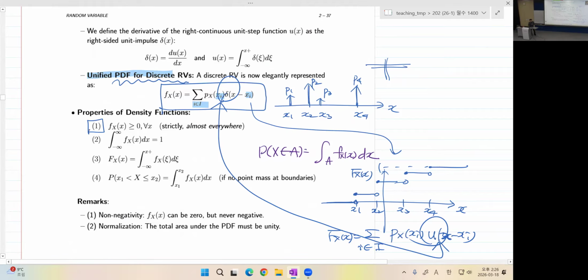As you just sensed using the limit of the histogram idea, the PDF is always non-negative, right? A histogram can never become negative, right? So the PDF is also non-negative for all x. And if you integrate it, it must be 1 because it comes from a normalized histogram.